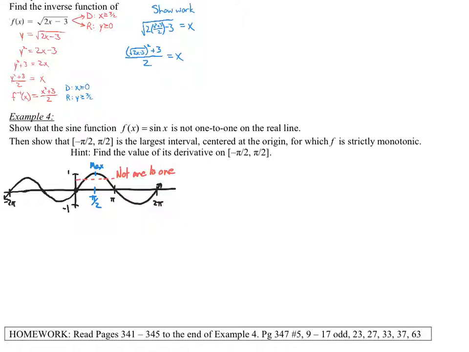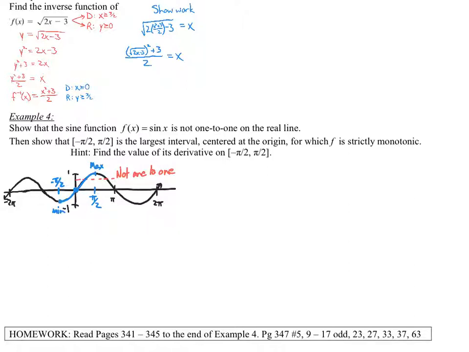So I've got from 0 over to pi/2. Same thing over here, if I go down to the min, if I kept going, it's still going to start going up, and now I failed the horizontal line test again. Where does that min occur? It occurs at -pi/2. So there we have the largest interval centered at the origin where f is strictly monotonic.